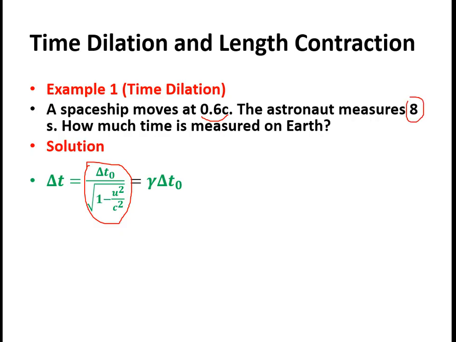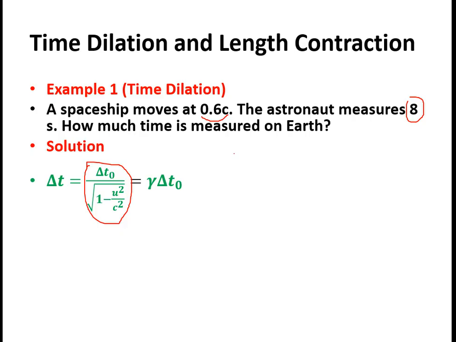We are going to substitute 8 into t naught, and for u we are going to substitute 0.6 c. Of course, we know that c is the speed of light and the value is the same, so instead of substituting the value for the speed of light, we are going to cancel it out.